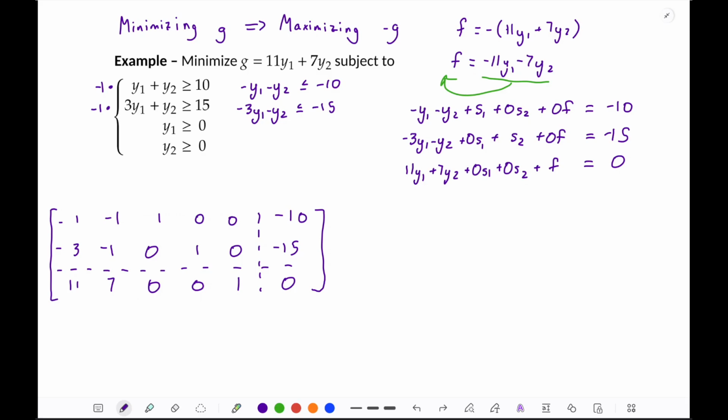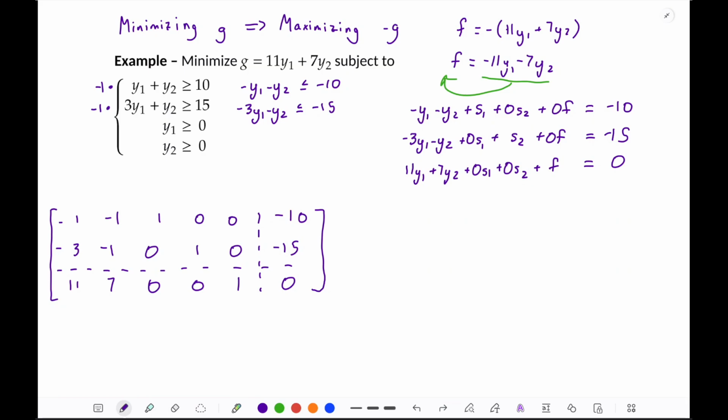Okay, so we're ready to go. This time, we do have negatives right here, so we can't skip phase 1. So we have to start with phase 1 here. So the first step of phase 1 is you just pick one of these negative values. And it doesn't matter which one.